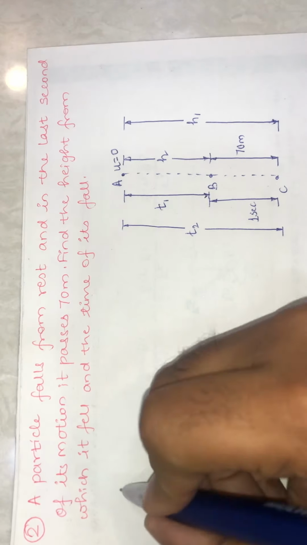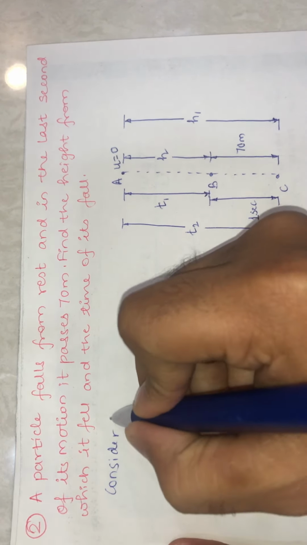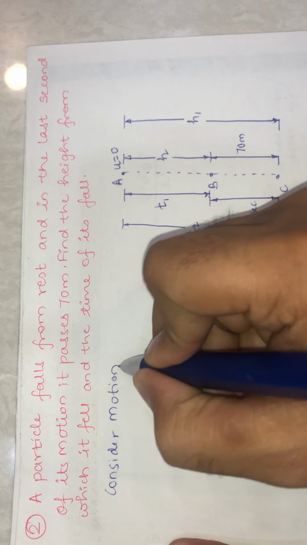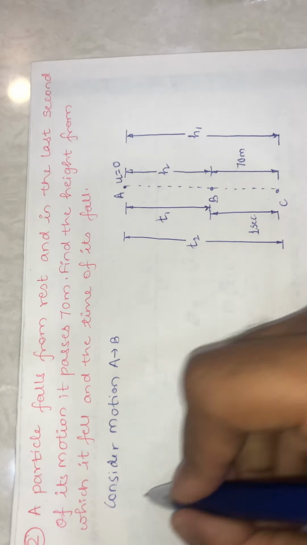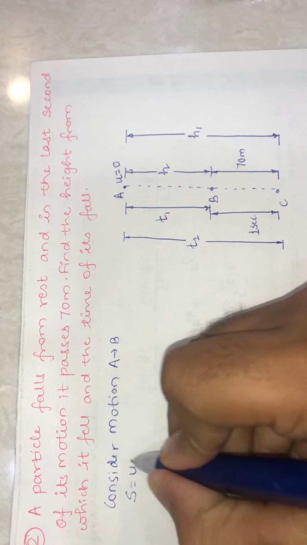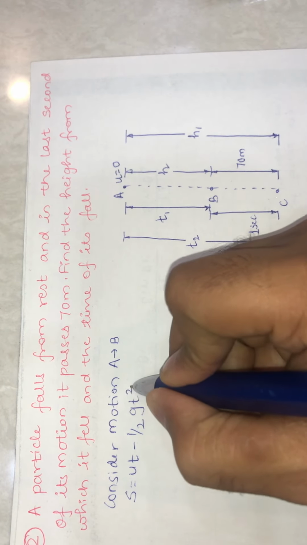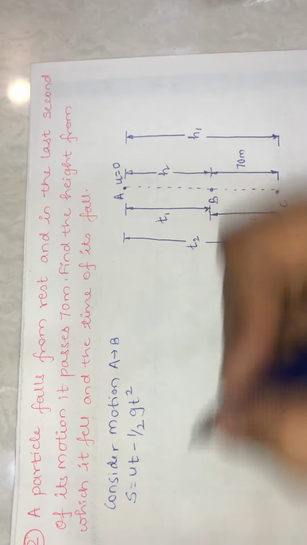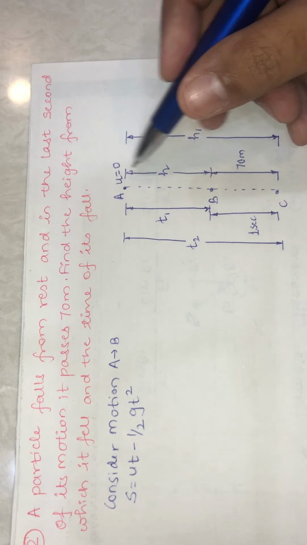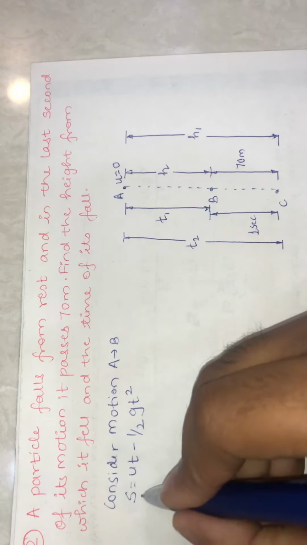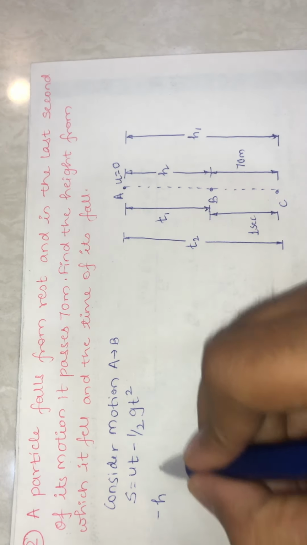So here we are considering motion from A to B. In this, we are taking the equation S equals ut minus half gt square. Here we have h from A to B, so S will be considered as minus h.